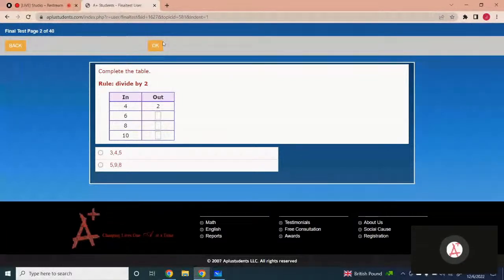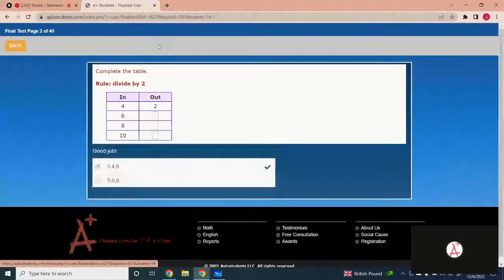Which option is the correct one? Very good. It would be 3, 4 and 5. Got it? Because 2 times 3 is 6, 2 times 4 is 8 and 2 times 5 is 10. Got it, everyone? Just select the correct option and click on the OK button.